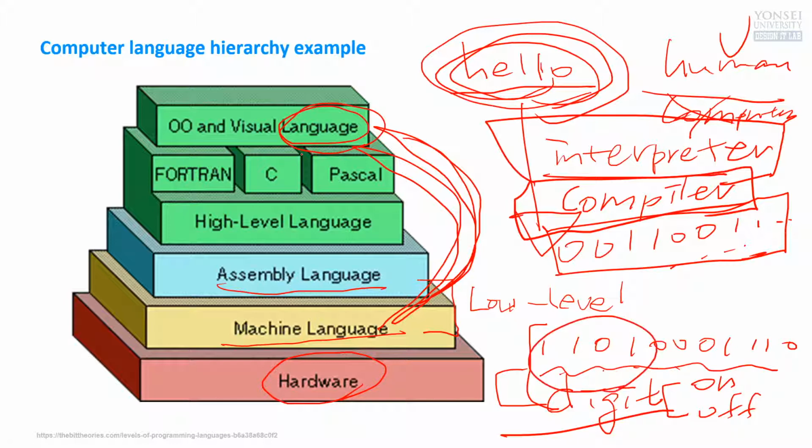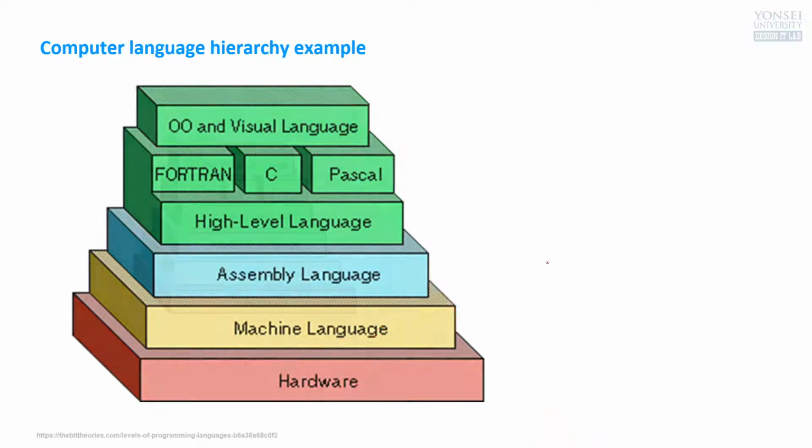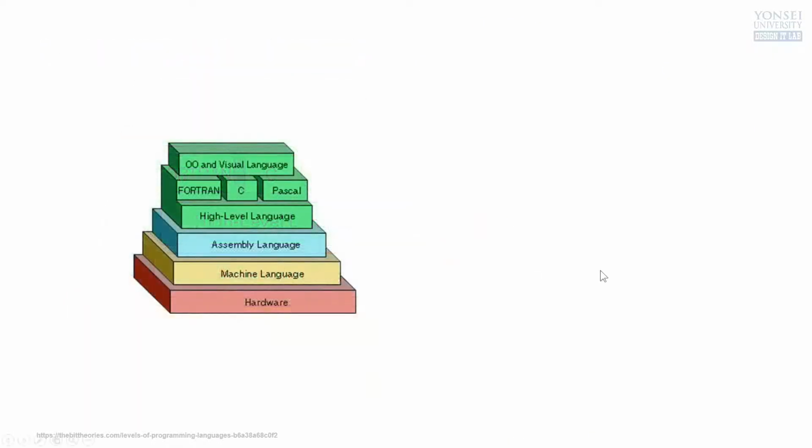So when you are learning computer language, any type of computer language has its own interpreter or compiler in order to turn your command, human language, into this kind of computer language. So this is how it is working.